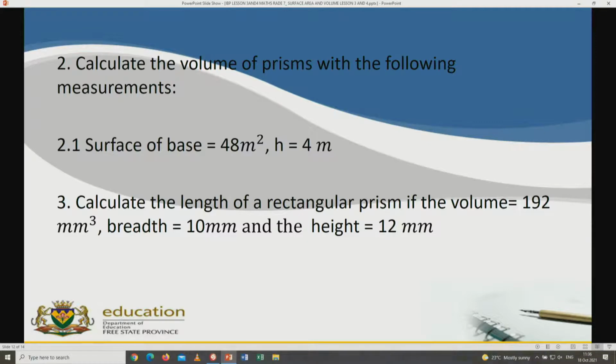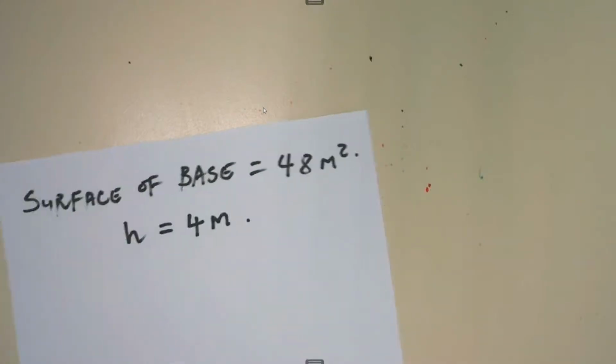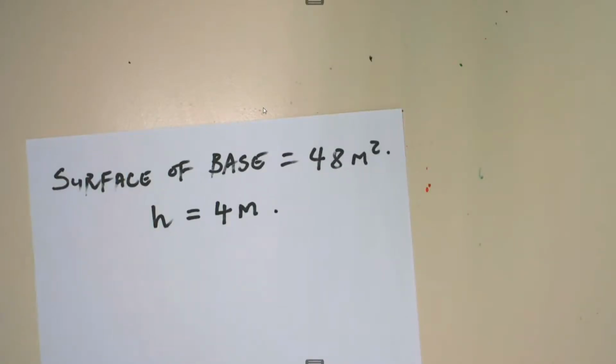This one is now different, because now they are saying the surface of the base is given as 48 meters squared, and the height of that particular prism is 4 meters. Then now we must calculate what? We need to calculate the volume.